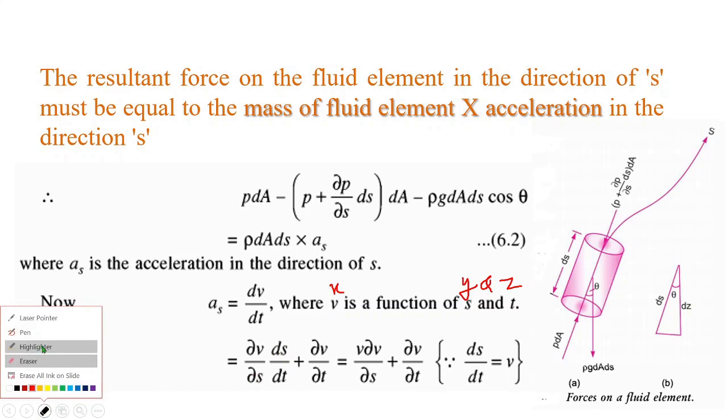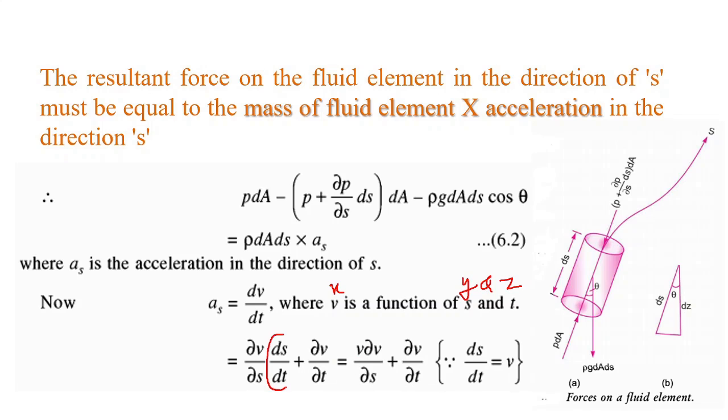So dou v by dou s into ds by dt plus dou v by dou t, where ds by dt is distance by time. Distance by time is velocity only. So v into dou v by dou s plus dou v by dou t is your as.